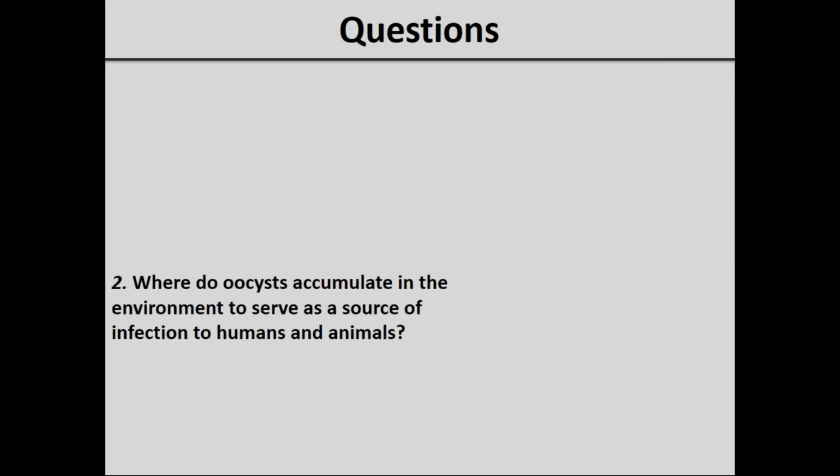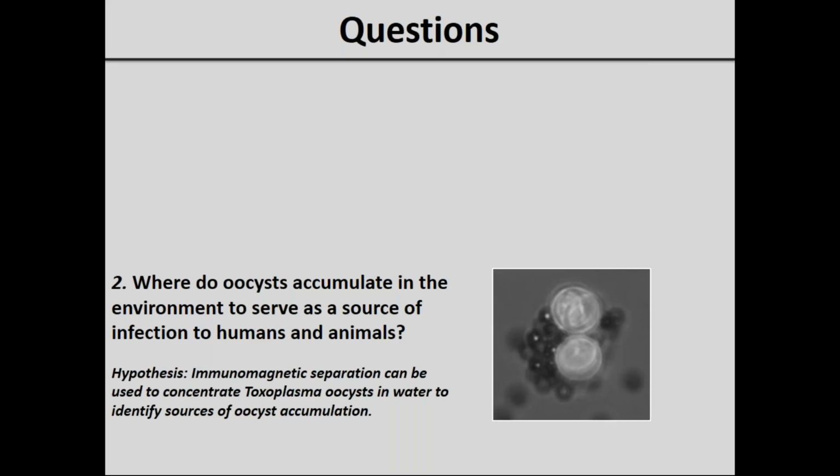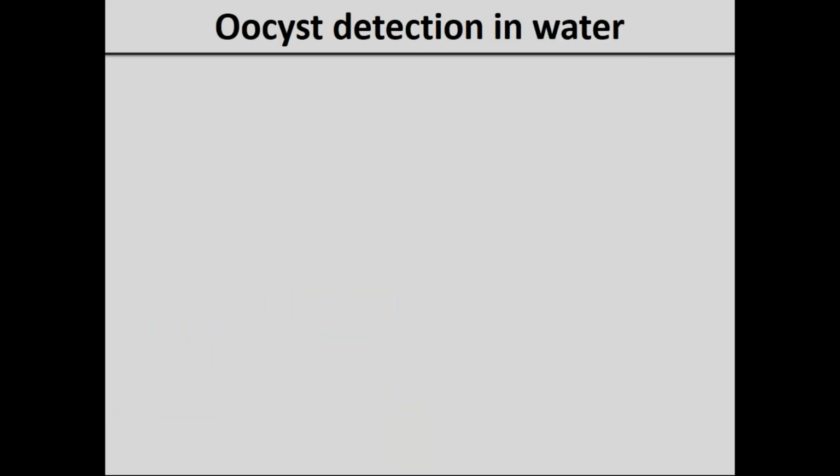The next question that I had was, how can we test water or test other environmental substrates to determine where oocysts are accumulating in the environment so that we have a better idea of where animals and humans are becoming infected? And my hypothesis, again, was that immunomagnetic separation could be used to concentrate Toxoplasma oocysts in water and identify those sources of accumulation.